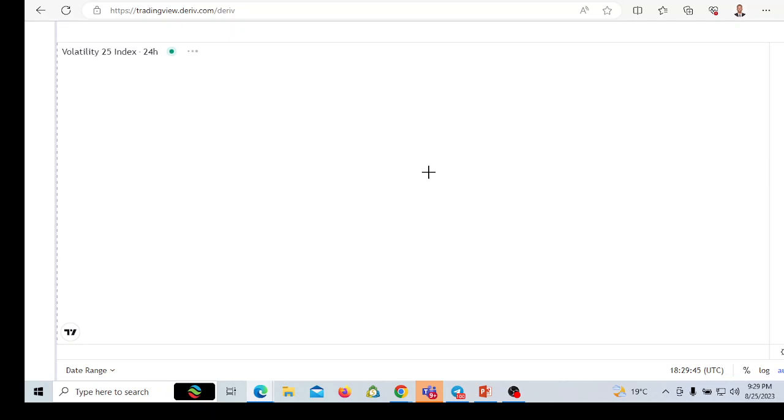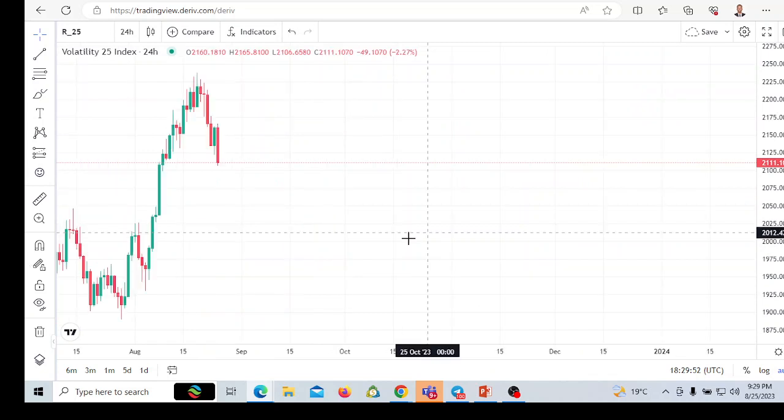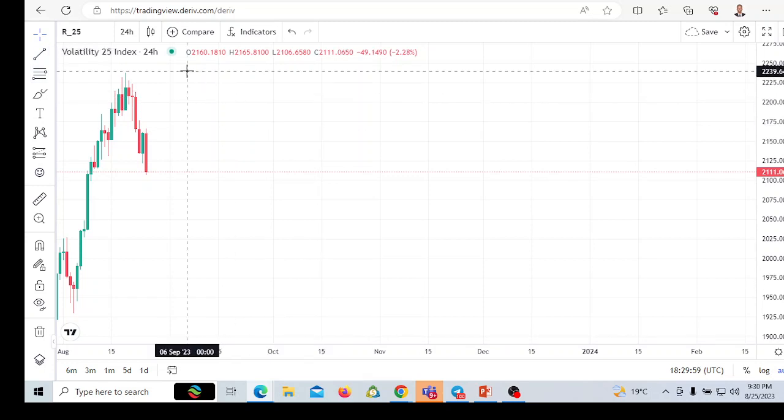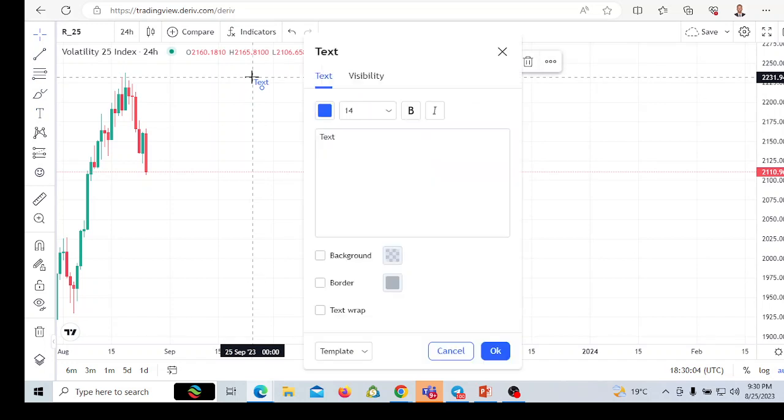So the break of structure now. The other thing we'll focus on is the break of structure. Let me just write that. Break of structure, or the BOS.